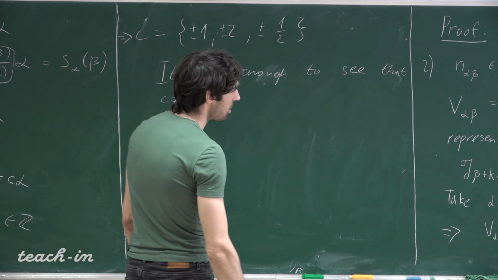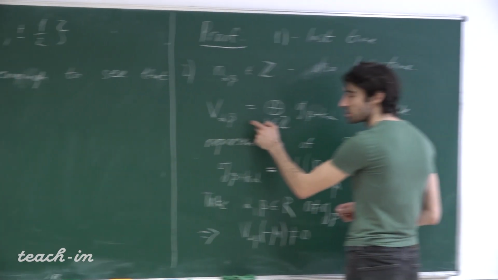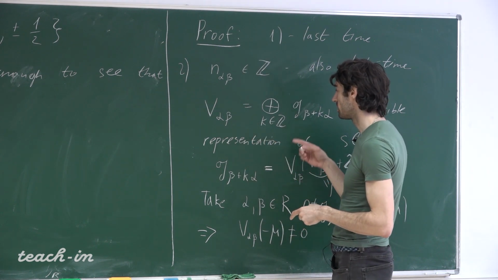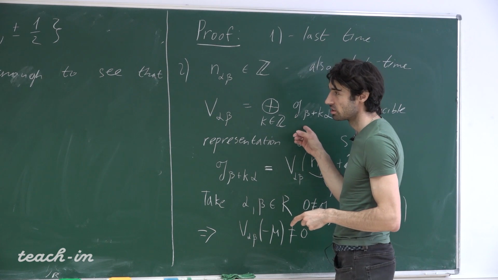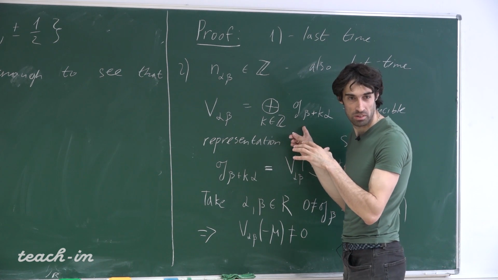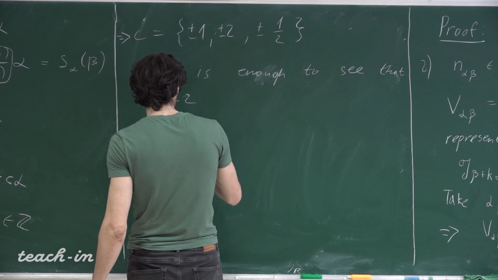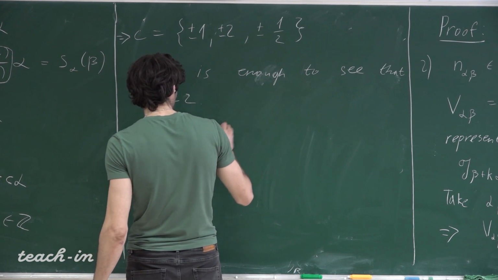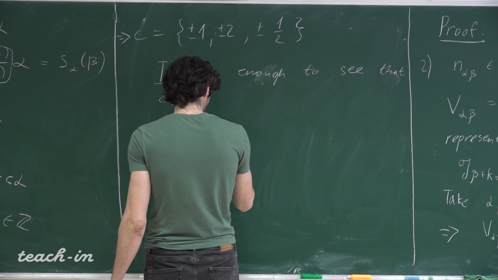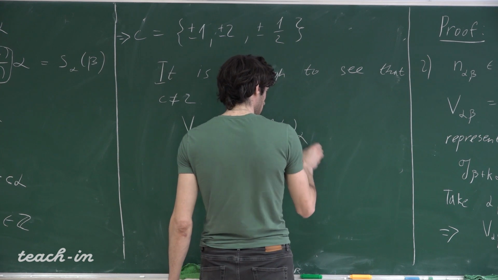You can see it like this. Again, this is our main instrument: look at this irreducible representation. This irreducible representation actually contains an adjoint representation of SL2. So I claim that V beta includes SL2 alpha itself.